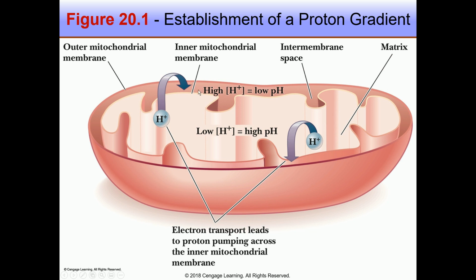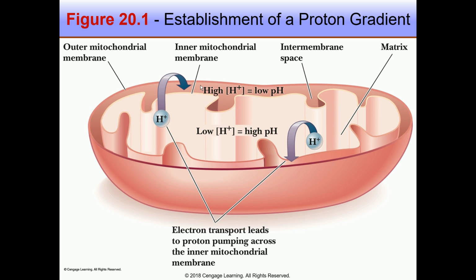So when these protons have to be moved from this region where there is a low concentration to this region with high concentration of protons, energy is required for this process because this is called active transport. So let me explain quickly what is active transport and what is passive transport or diffusion. Diffusion or passive transport is when the molecules or the ions fall from high concentration to low concentration.